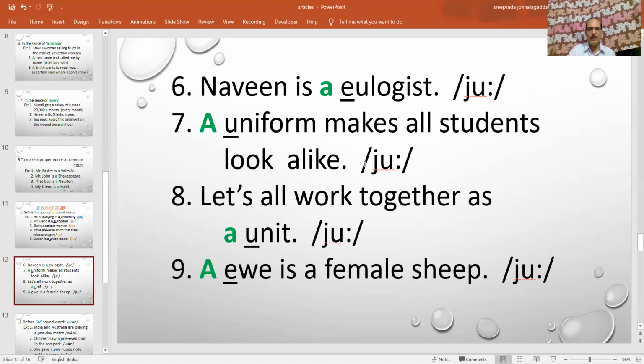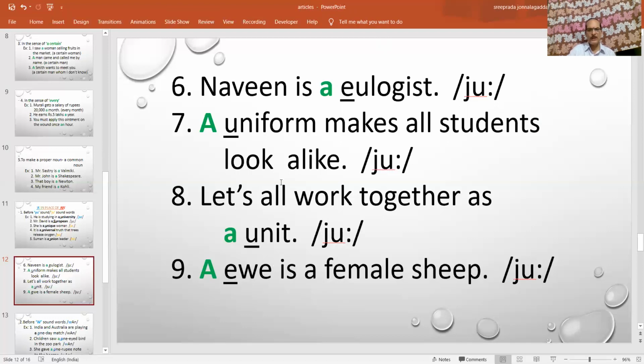Here also the sound of U. Let's all work together as a unit. In the word unit, the letter U represents the consonant sound ya. And then a ewe is a female sheep.